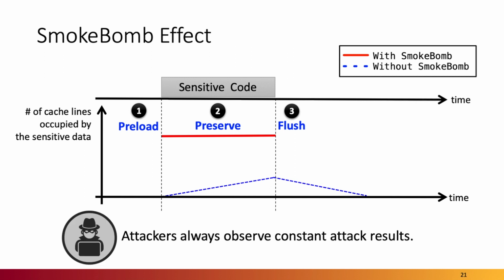So with SmokeBomb, attackers will always get consistent attack results because there will always be the same amount of sensitive data in the add-on cache, or there will be no sensitive data in the cache.